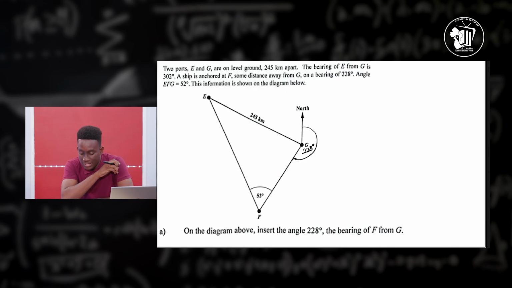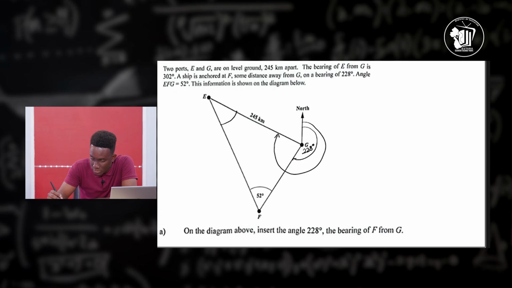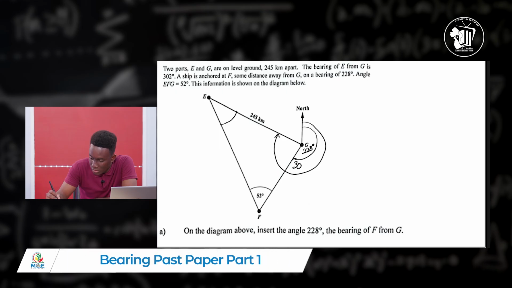Next one says, determine the value of angle FEG. So the angle FEG would be this angle here. So let's see if we can determine that angle. They also told us that the bearing of E from G is 302 degrees. So the north line is already drawn, so we go all the way around to E, which would be 302 degrees.